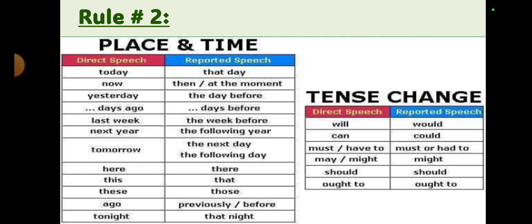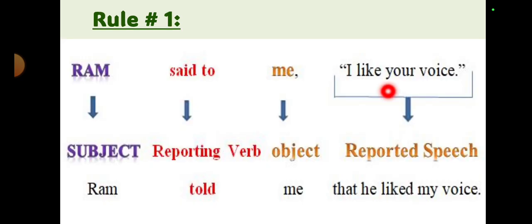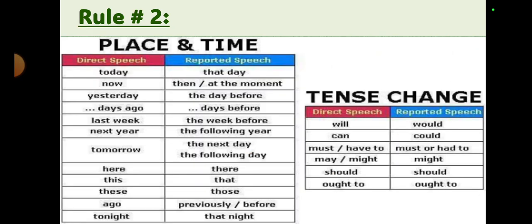Rule number two is that the speech which is written inside the commas will have certain things in it, and this is the area where we are going to make changes while changing one speech into indirect. If you find certain words here, you will have to change them accordingly.